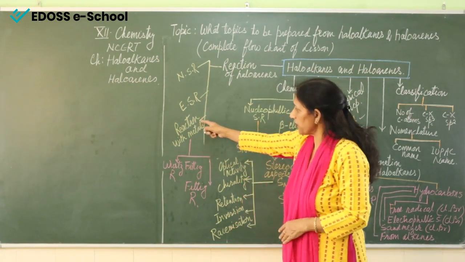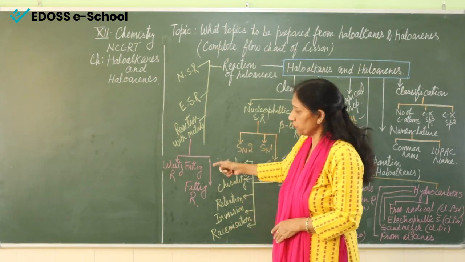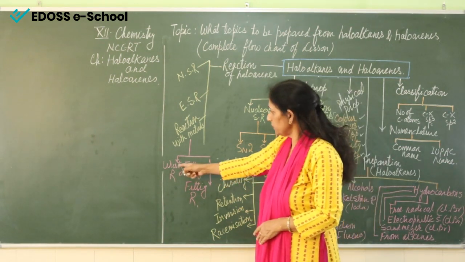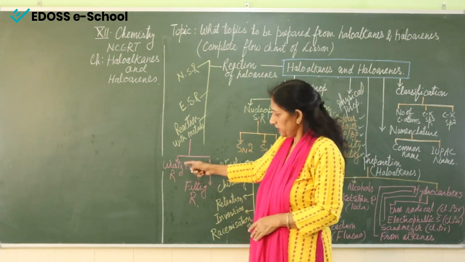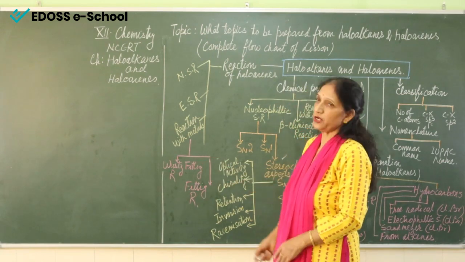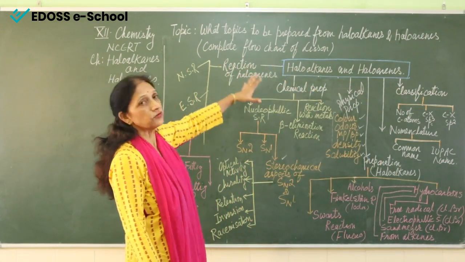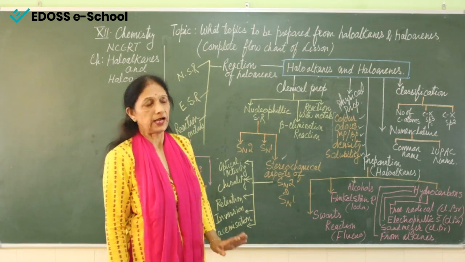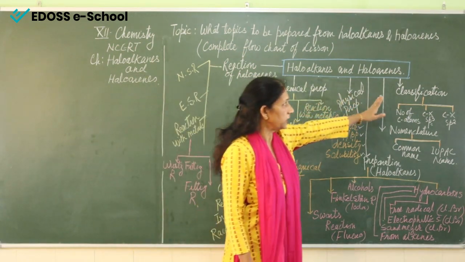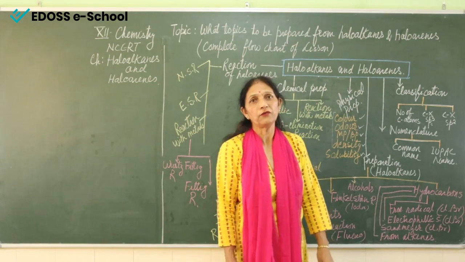And again reaction with metals is of 2 types. One is the Wurtz-Fittig reaction and another is the Fittig reaction. So this is the complete flow chart of this lesson, haloalkanes and haloarenes. Now we will study the classification of haloalkanes.